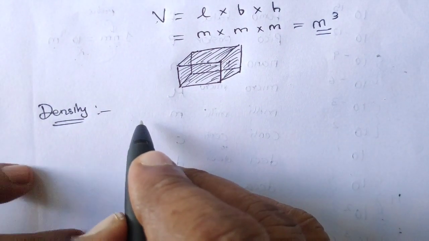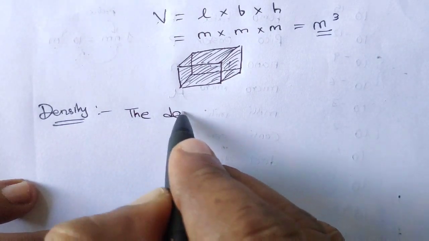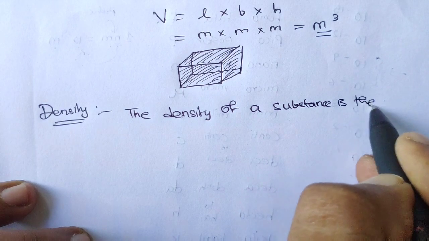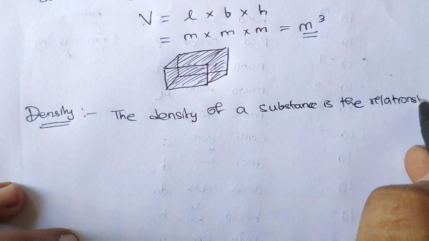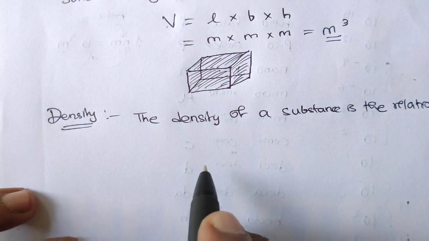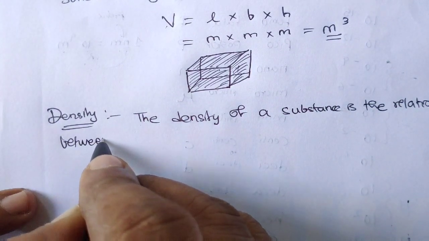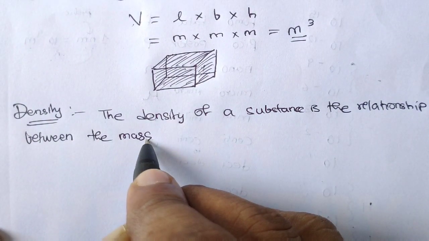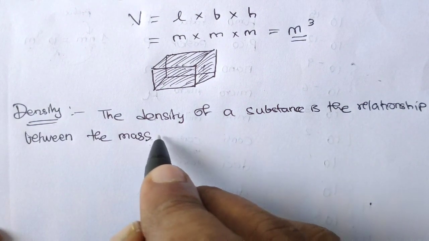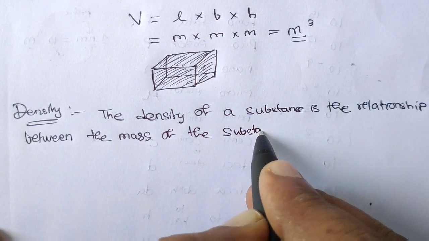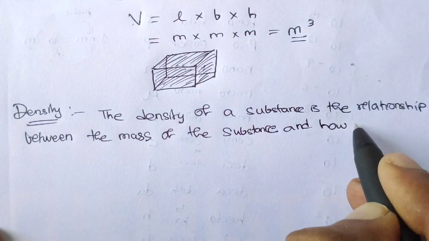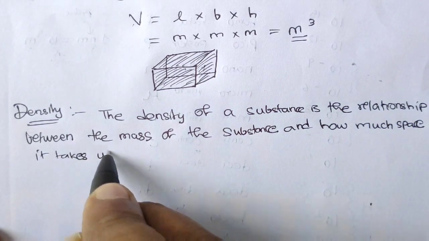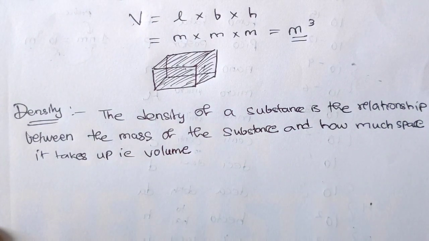Now when we talk about density, for a definition, the density of a substance is the relationship between the mass of the substance and how much space it takes up, that is what we call volume, right?